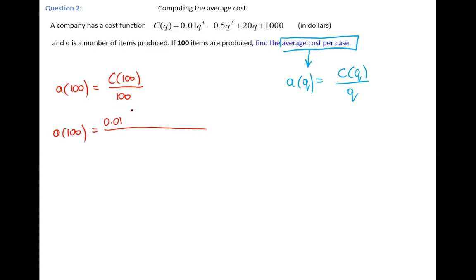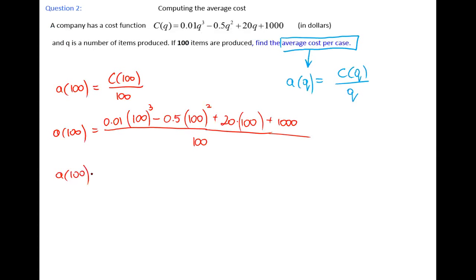Okay, I will just write this down for you. We are taking Q and substituting 100, and then 0.5 Q, substituting 100, oh, that's actually squared, and then 20 substituting 100, and plus 1,000. Of course, you can use the calculator for this, but we want you to practice the concept. I mean, we can even try, right?